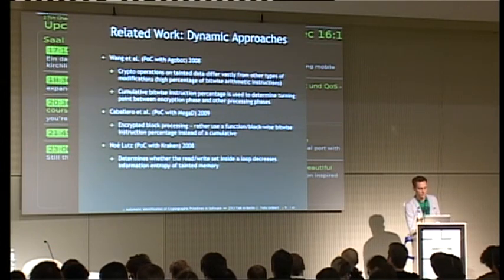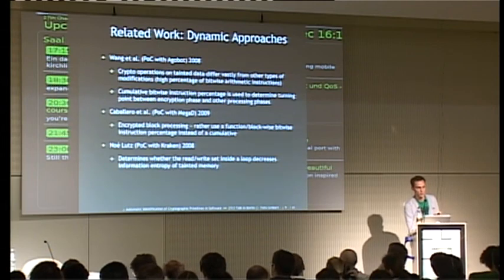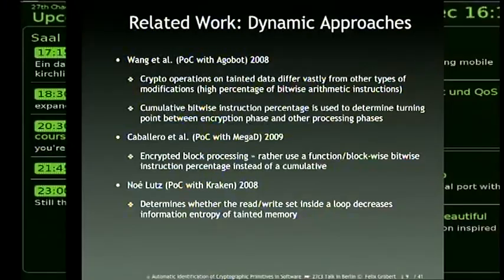If that's the case, he said there has been a decrypted packet, because ciphertext differs vastly in information entropy from plaintext. He also used loop detection to find these loops, and then used Valgrind's tainting to follow the data through the loops.